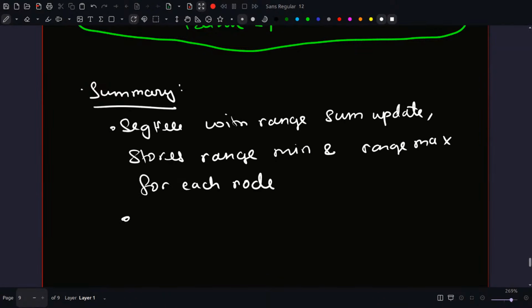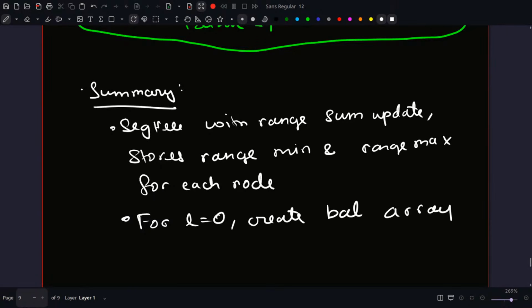Now what we're going to do is create the balance array for L equals 0, as I defined before, and store it in the segment tree.